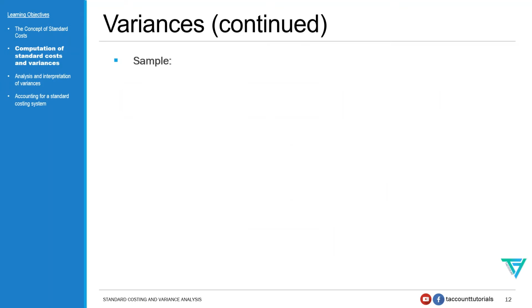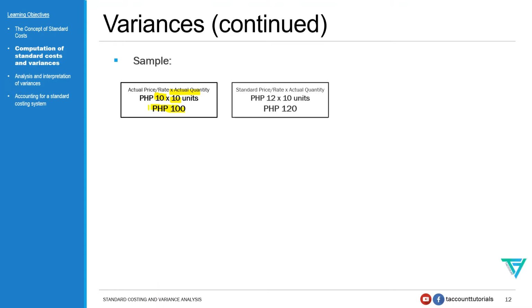So just to provide an example here, for example, we have actual price or actual rate of 10 pesos and then actual quantity of 10 units. We arrive at a total actual cost of 100 pesos. And then next here, if we have a standard price of 12 pesos, we arrive at standard price at actual quantity of 10 at 120. Okay. So right here, we could already see that the spending variance is 20 pesos, right?